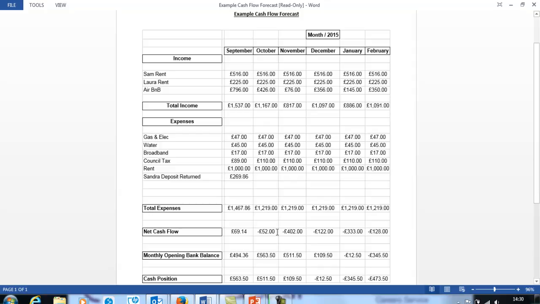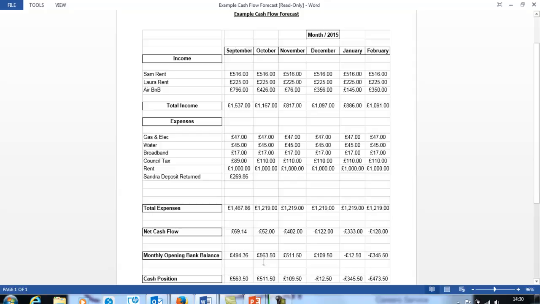So we say, okay, well, at the start of the month, we had £563.50, which is carried over from here. And we have a loss of £52. That's what gives us this figure. So just run through that one more time. This was the cash position, in other words, the cash in our bank account at the end of September.